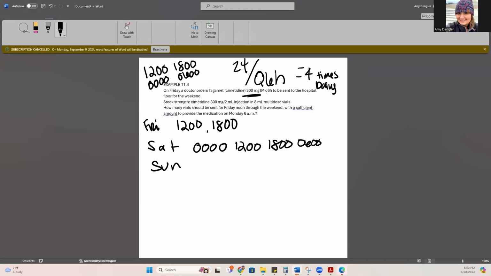And same with Sunday. And then Monday, we would need to give the medication at 0000 hours and 0600 hours. So this is 2 doses, 4, 4, and 2 doses again.